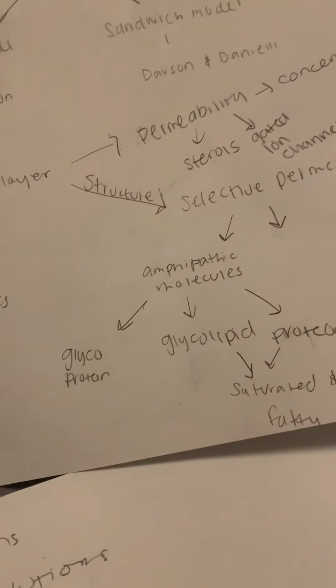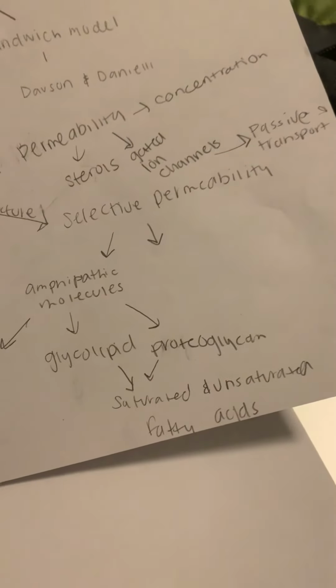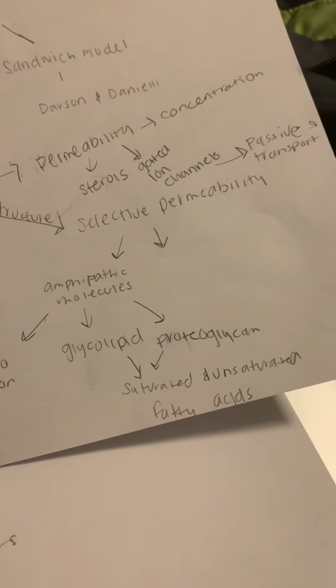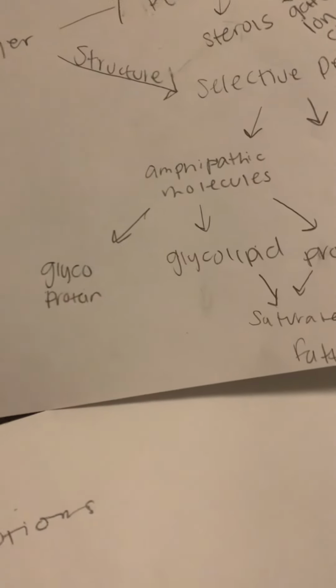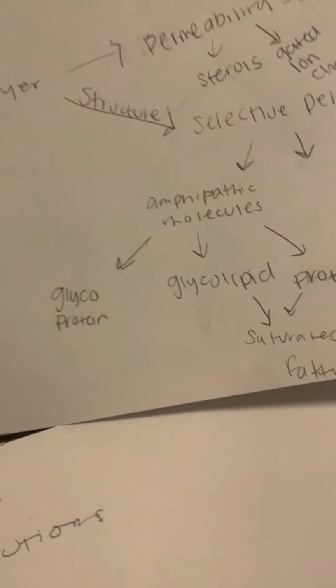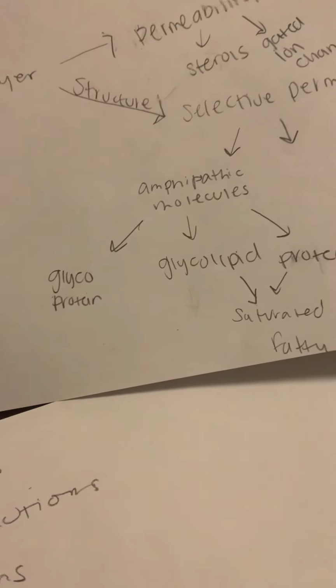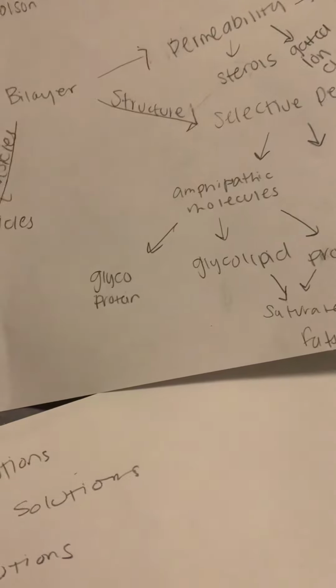And then I'm going to go into structure. So we have selective permeability, and that means some things can cross and some things cannot. And so for our phospholipid bilayer, we have an amphipathic molecule, which means that it is hydrophobic and hydrophilic at the same time, depending on which side you're looking at.